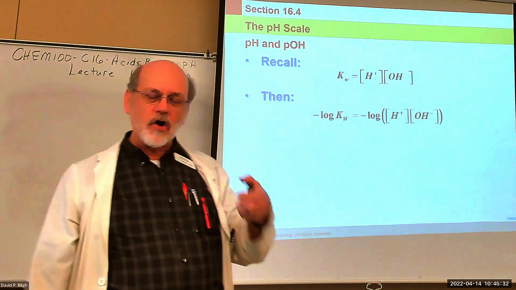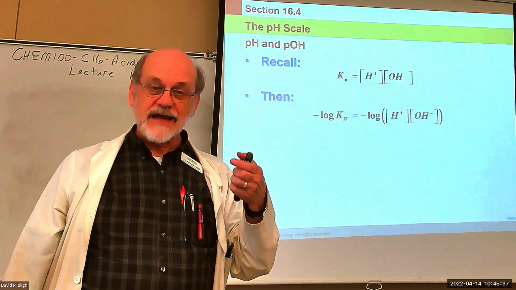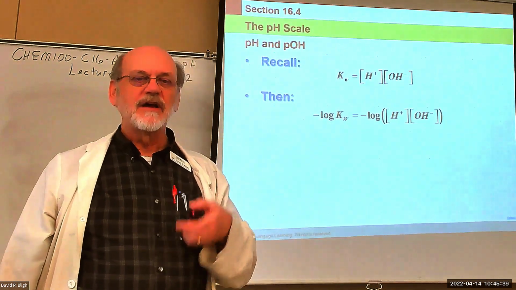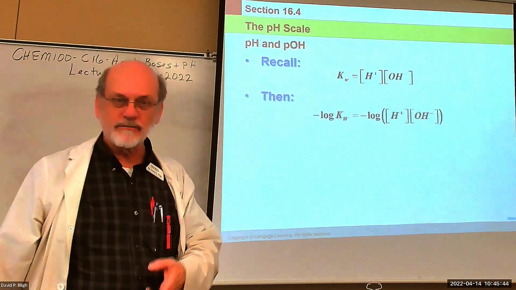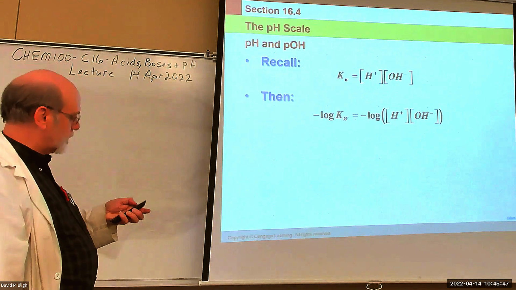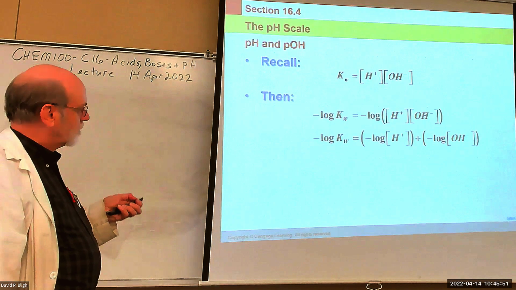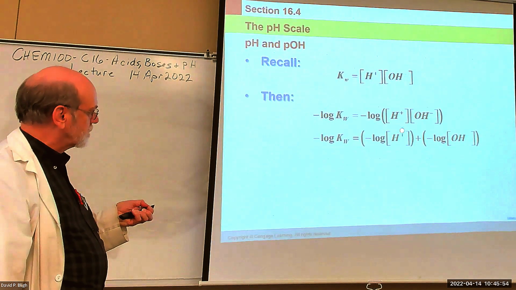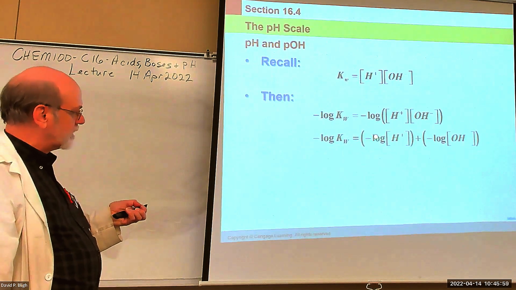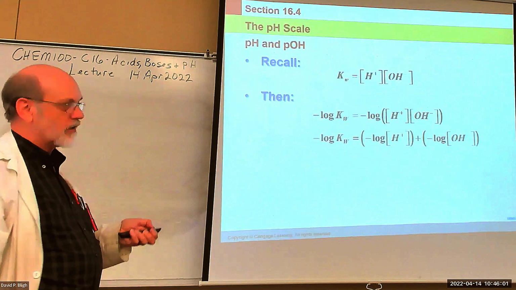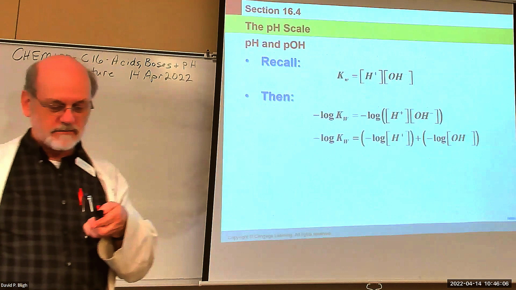But in logarithmic terms, if you take the log of a product, the log of A times B is the same as the log of A plus the log of B. That's from math class. And that's what we're going to do next. This becomes negative log of that one plus the negative log of this one. So now that we've got everything separated, and these are negative log, negative log, negative log, we can insert our p expression.